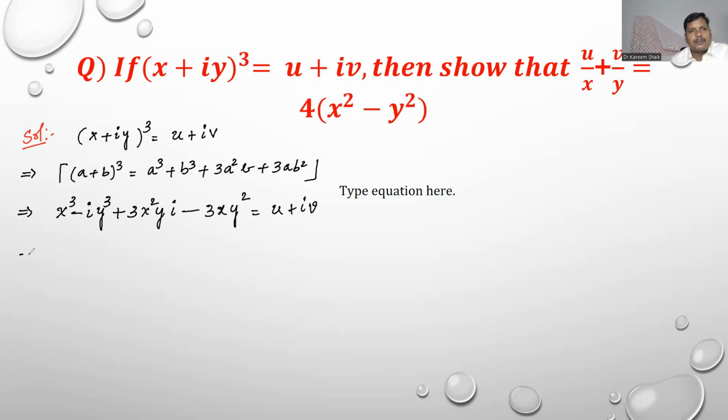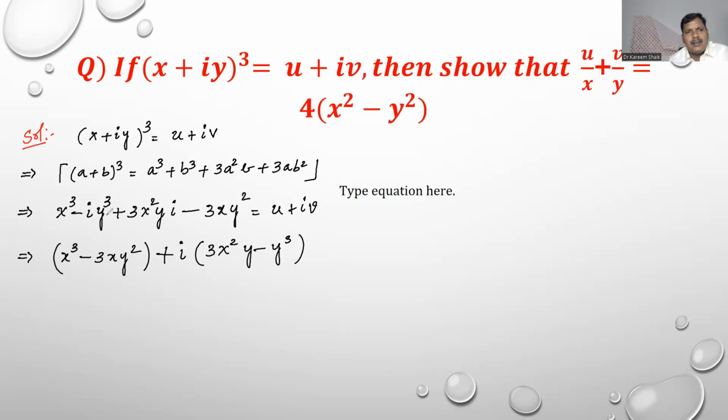Now observe here. X cube minus 3xy square, I am writing the real part at one place. Minus, if I take iota common, then 3x square y minus y cube. I hope it's clear because I am taking iota common from this term 3x square y.